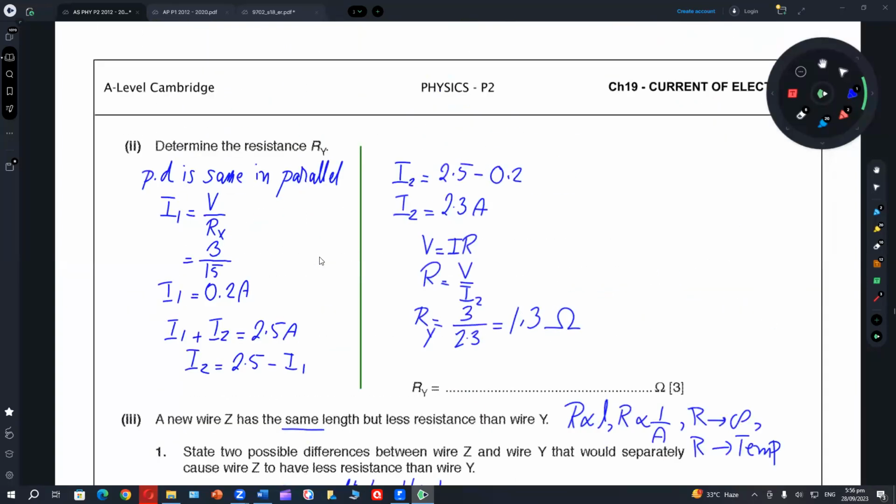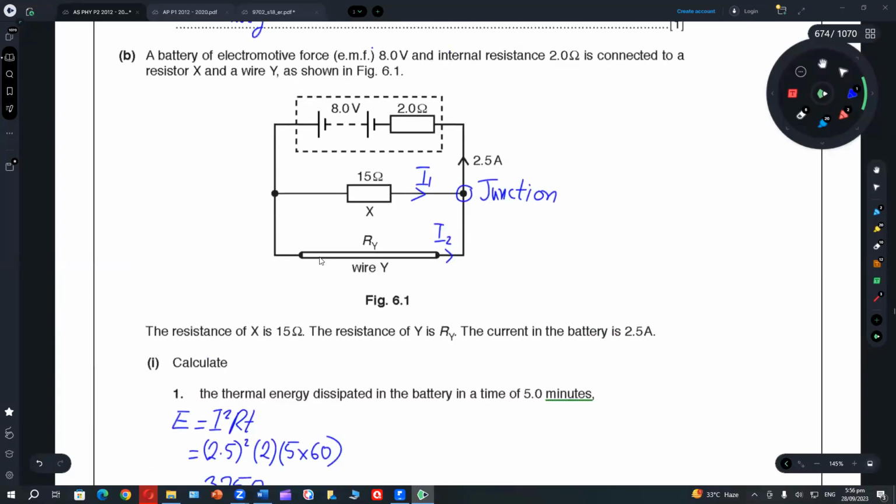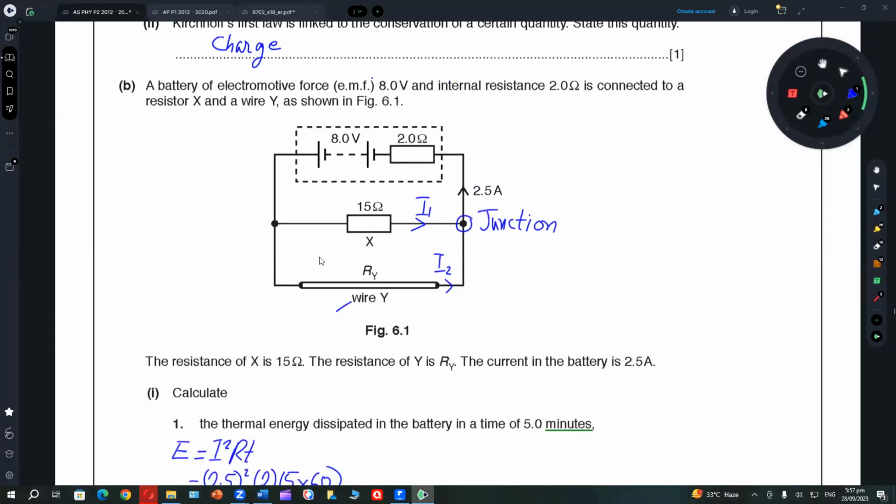So you can see here, that is the battery. This is wire Y. I am replacing wire Y with wire Z. The examiner says that Z has lower resistance. Lower resistance means greater current. So current will increase. What will happen to the battery current or power?